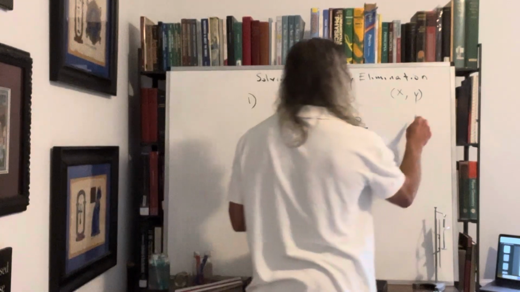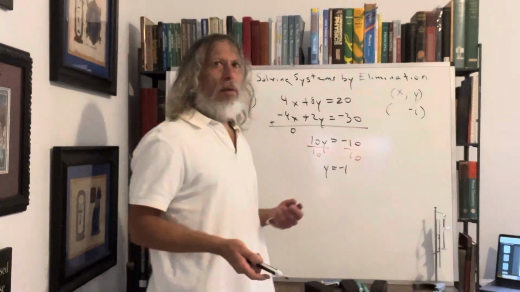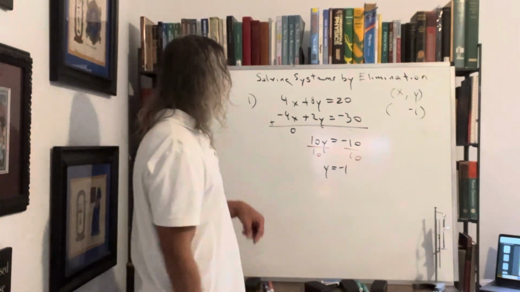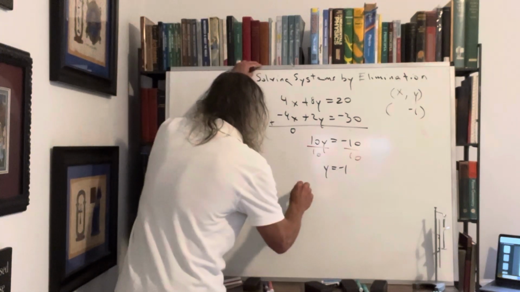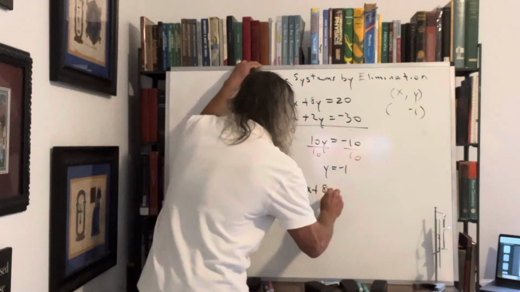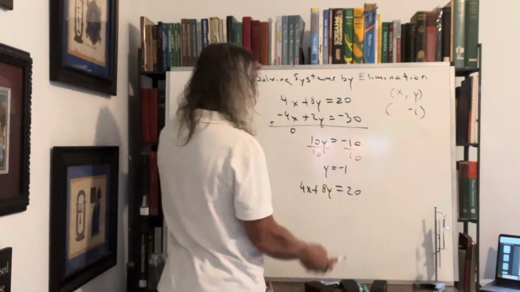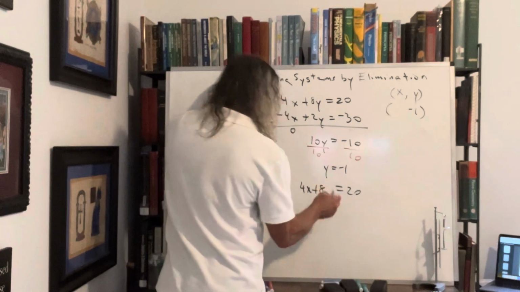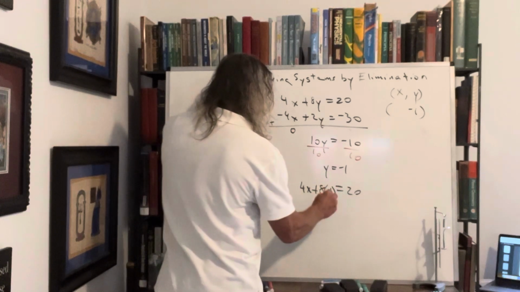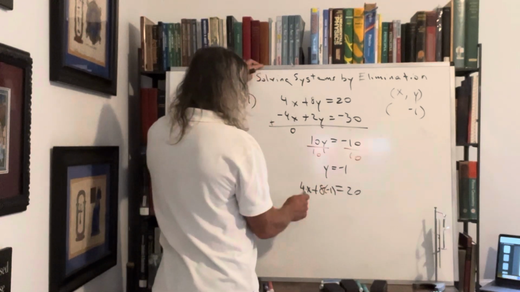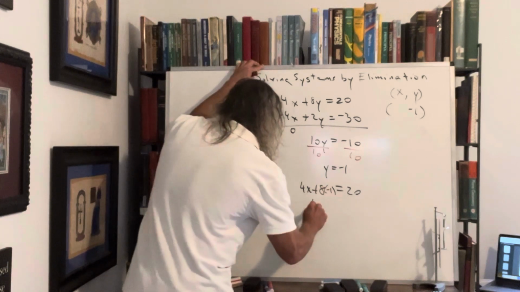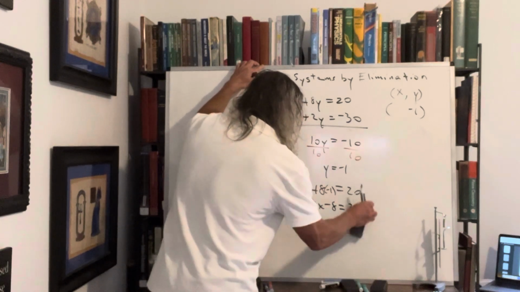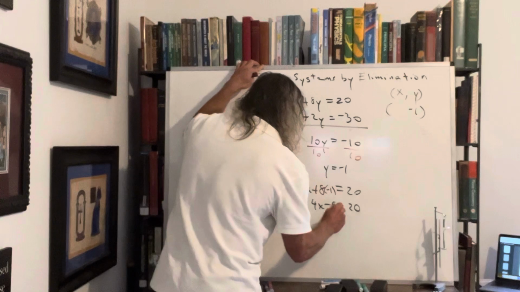Okay, so we got that part. Now we need to get the x value. So pick an equation, put -1 in for y. I'll take the top one. Y is -1, so in place of the y, I put a -1. So 4x minus 8 is 20, or plus -8 if you want.